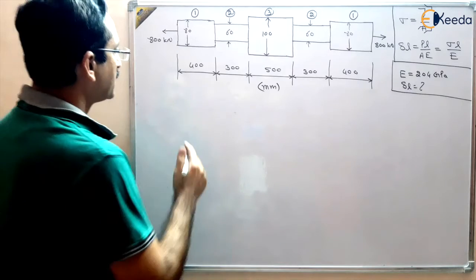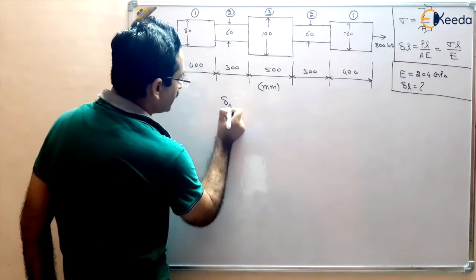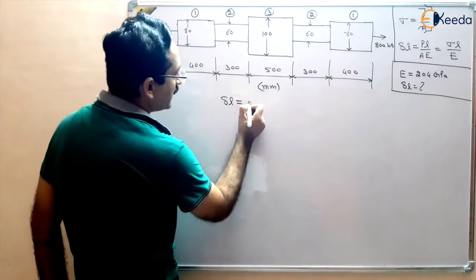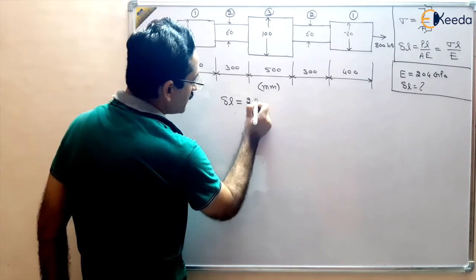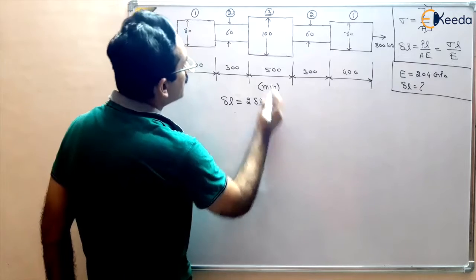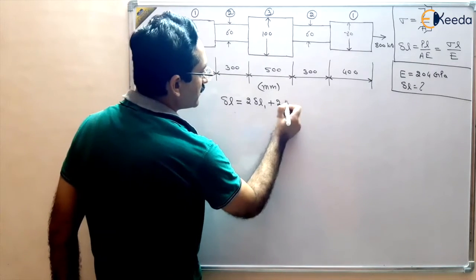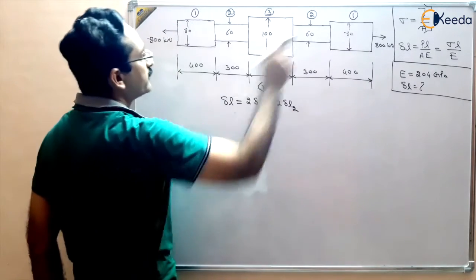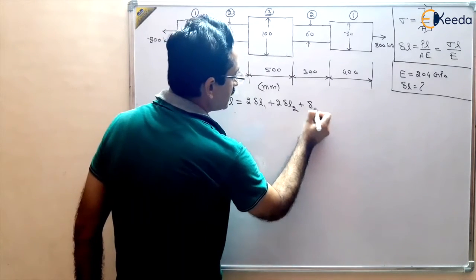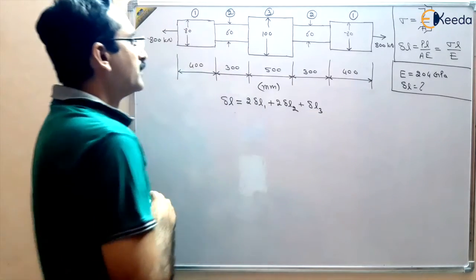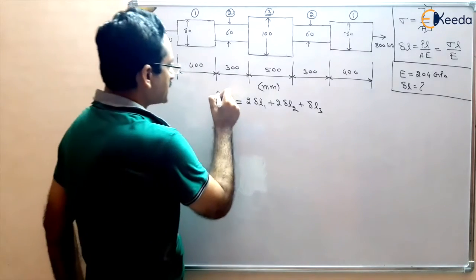So the total change in length delta L will be equal to 2 times delta L1, plus 2 times delta L2, plus delta L3. So this will be the change in dimensions.